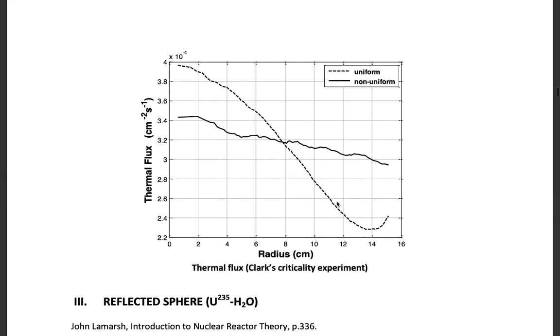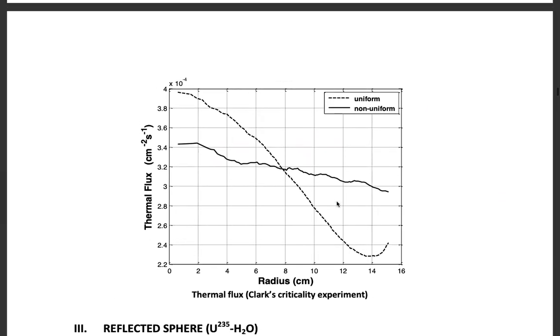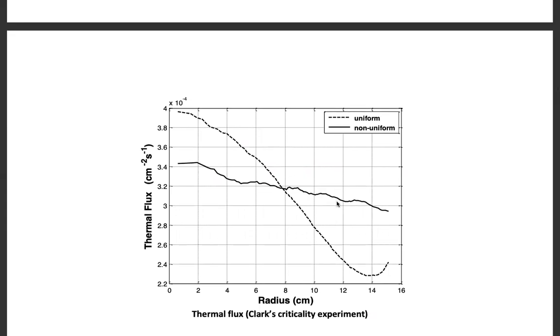Now, let's see what adding more in the first region results in for the thermal flux. So here I plotted the radius of the cylinder going from 0 to 15 point something. With a uniform distribution of 39.79, this is what the thermal flux looked like. It comes down, then there's a hump over here in the reflector, and it comes down like that.